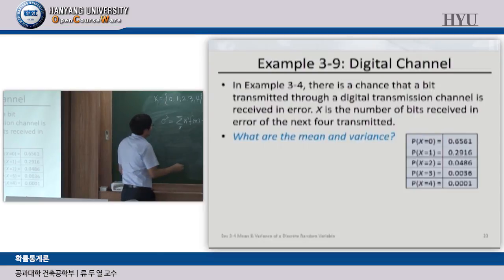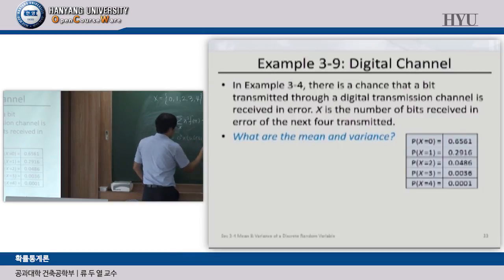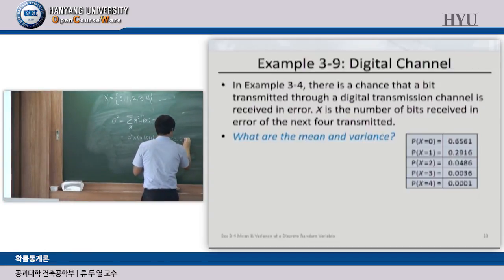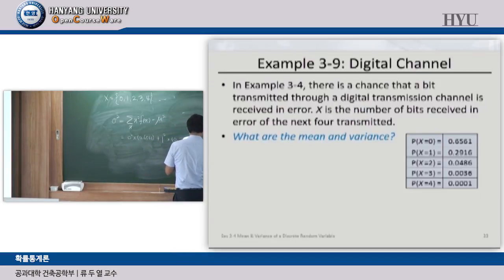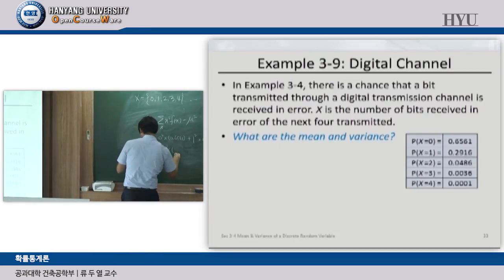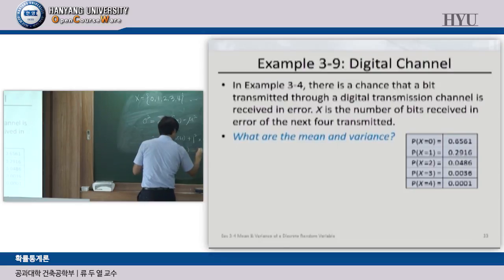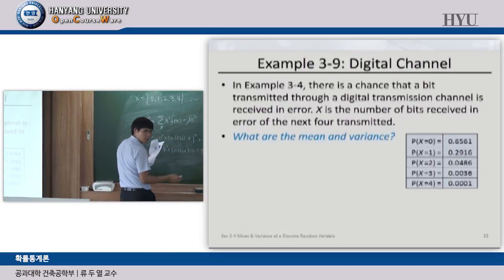And this can be 0 square multiplied by 0.6561, plus 1 square multiplied by 0.2916, plus 2 square multiplied by 0.0486, plus 3 square multiplied by 0.0036, plus 4 square multiplied by 0.0001, minus 0.4 square. Okay? That is 0.36.